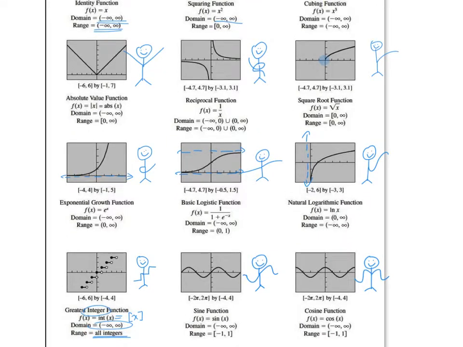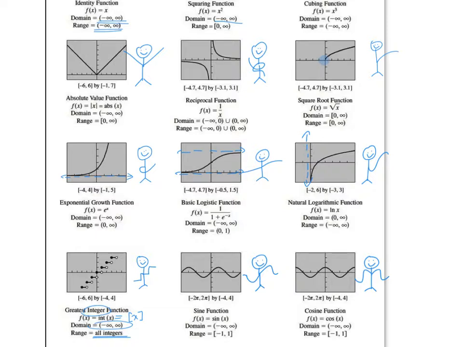Which ones are bounded? Bounded means top and bottom. Cosine? Yeah. The sine? Yeah, cosine, sine. What else? No, those are bounded below. Square root, x squared and absolute value are all bounded below because the top keeps going.